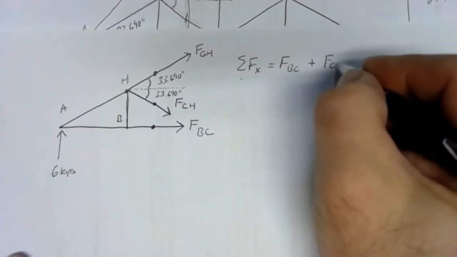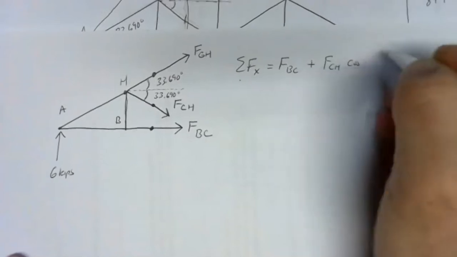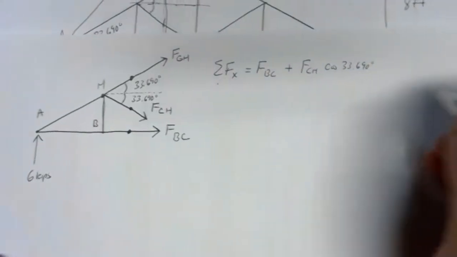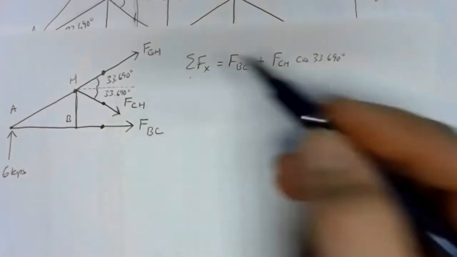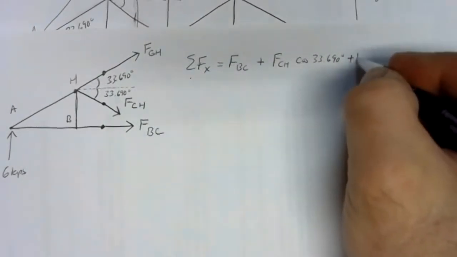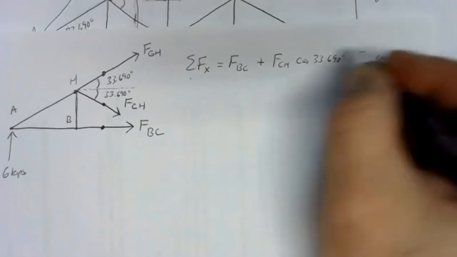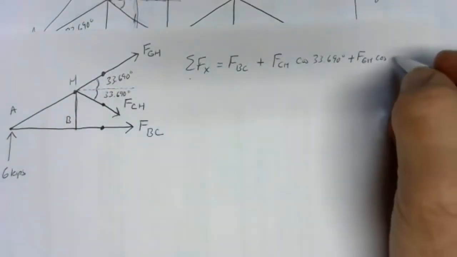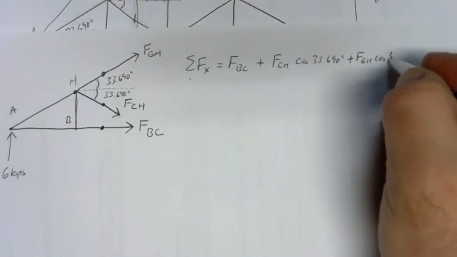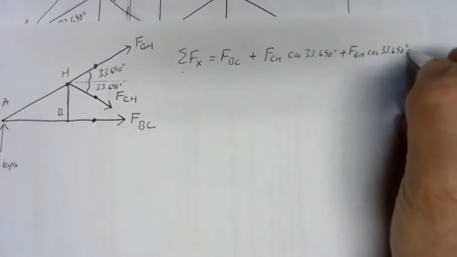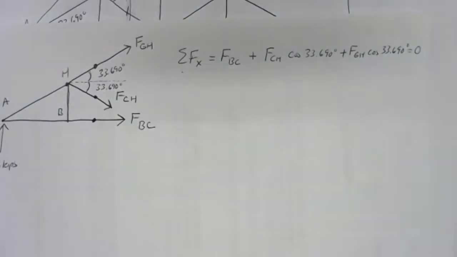So we have FCH cosine of 33.690 degrees. And we're going to have a piece of FGH, so it'll be FGH cosine, again, adjacent side, cosine of 33.690 degrees. That's everything in the x direction. Got nothing else in the x direction.